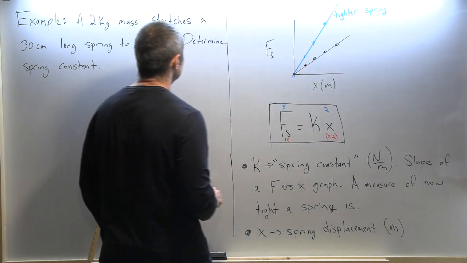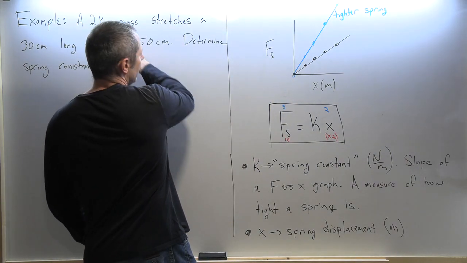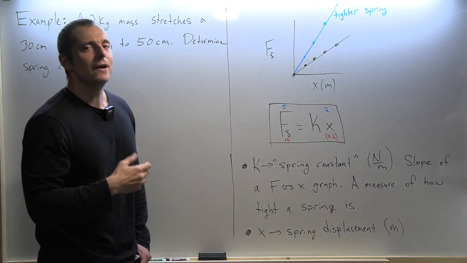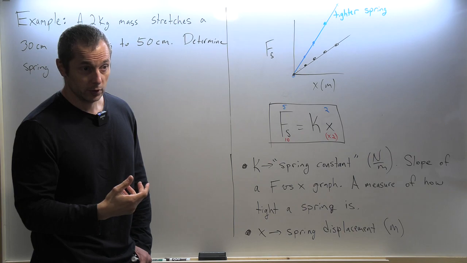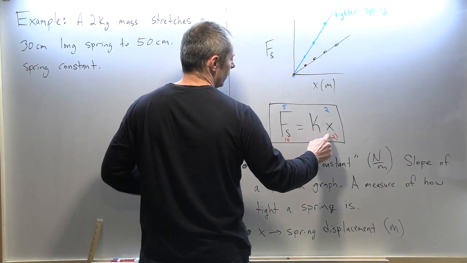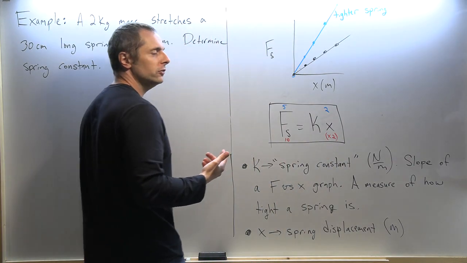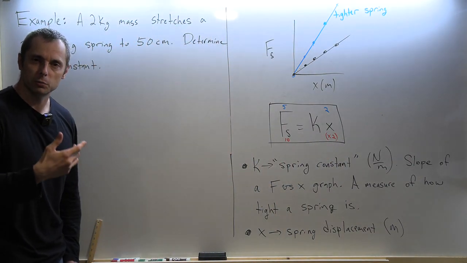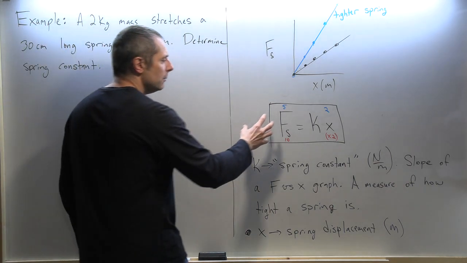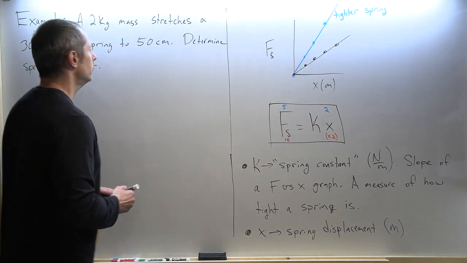Basically, we're going to be using this formula. However, the 2 kilogram mass is kind of like the force or the load on the spring, but it's not in newtons. And these are in centimeters, and furthermore, X is not the length of the spring, it's how much longer the spring gets. So we have to do two calculations before we even start using this formula.